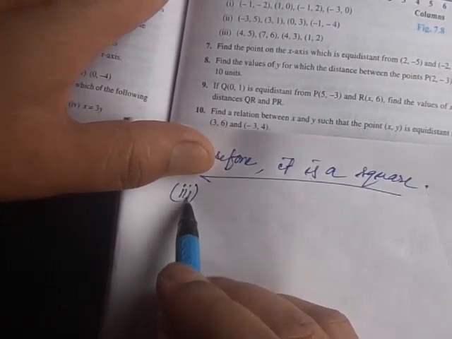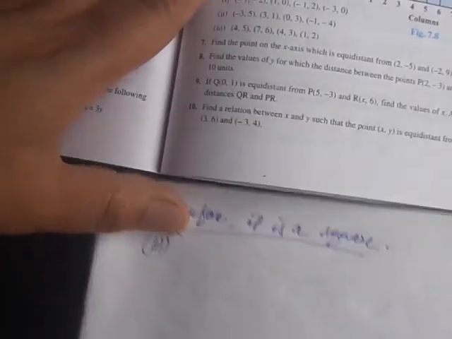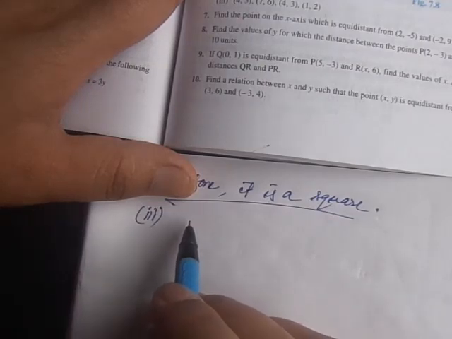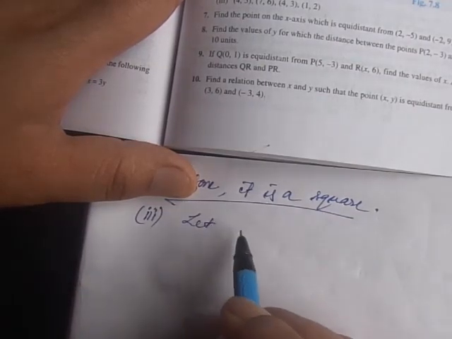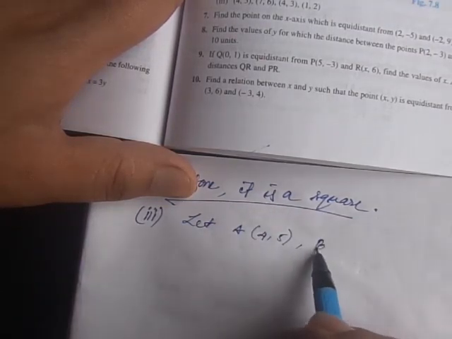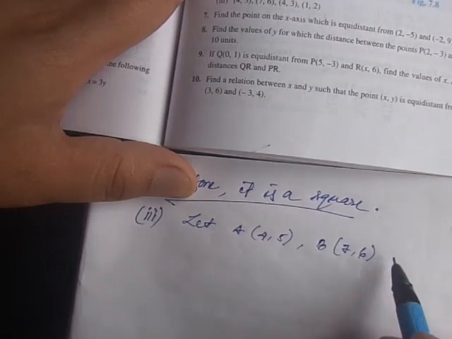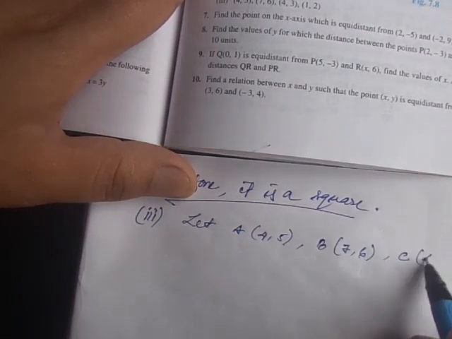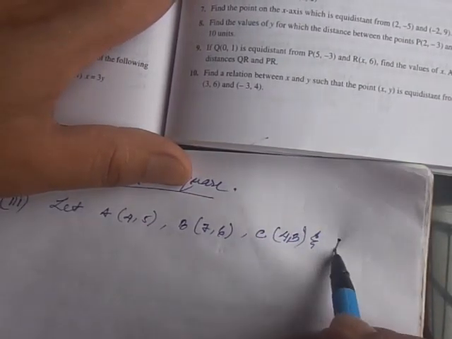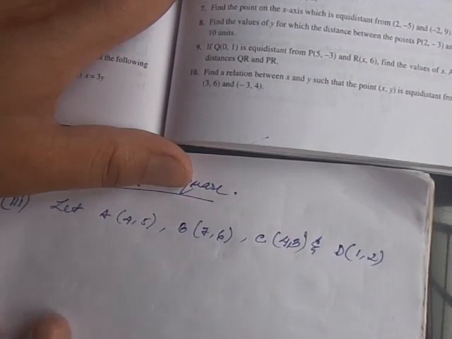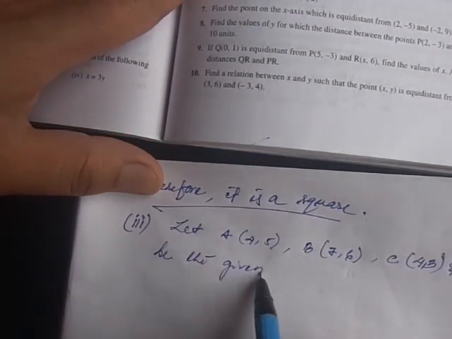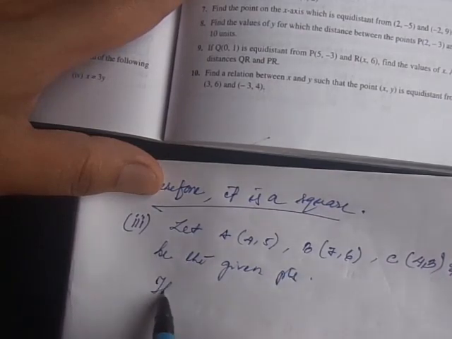Now let's do this Roman number 3. Like before, we can take E (4, 5) and the other points to be the given points.